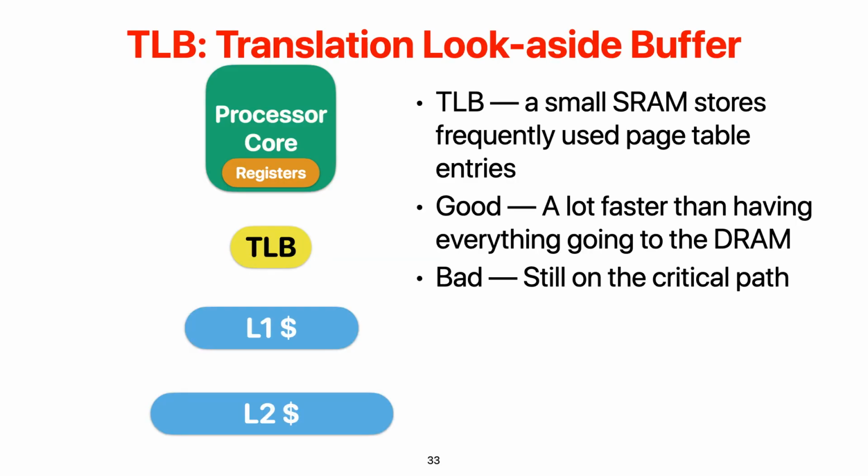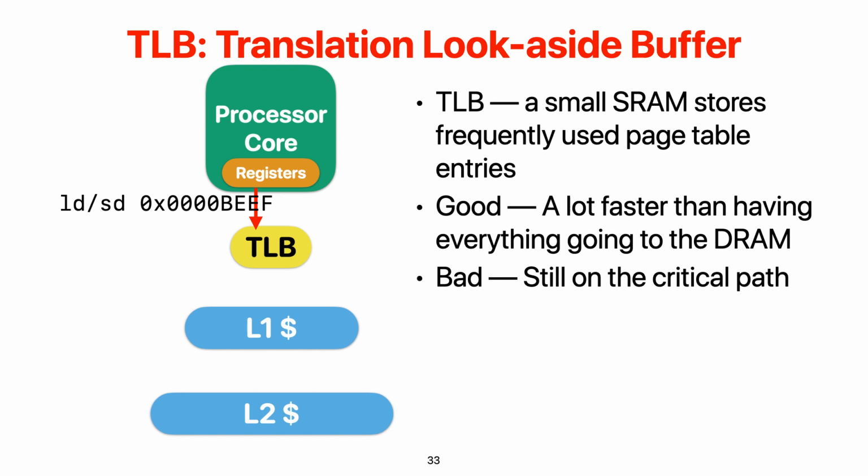That is the translation look-aside buffer. The basic idea of the translation look-aside buffer, again, is that we use SRAM to store frequently used page table entries. Before we access the L1 cache, let's consult the TLB first.